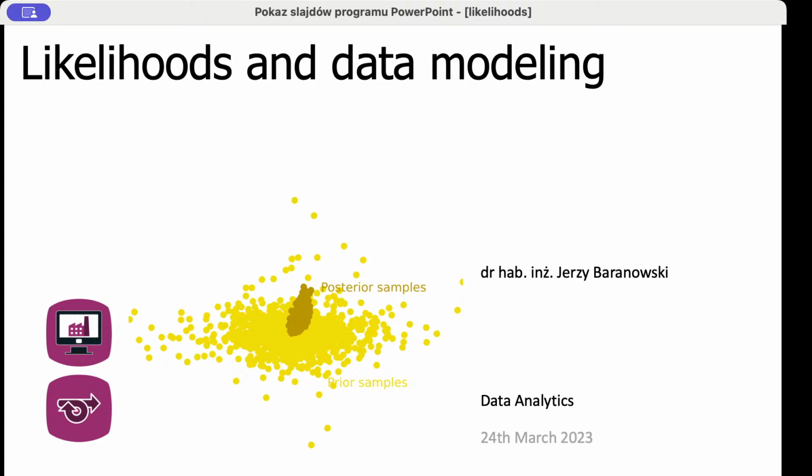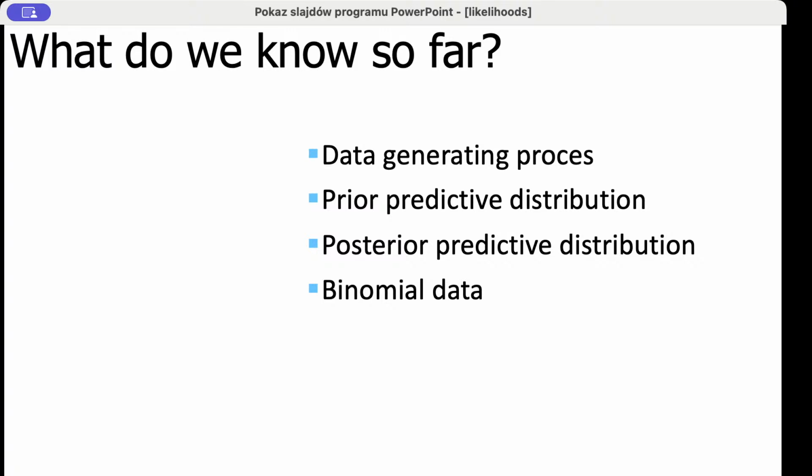Okay, so we'll talk about likelihoods and data modeling, which you see I have a bit not updated slides, but that will be fixed at some later date. I forgot to update the slide. So to sum up what we have already done before, we have covered the idea of data generating process.